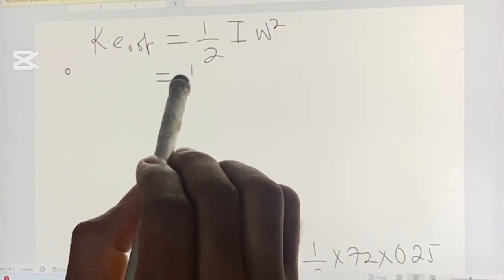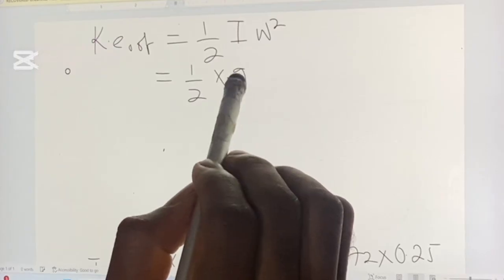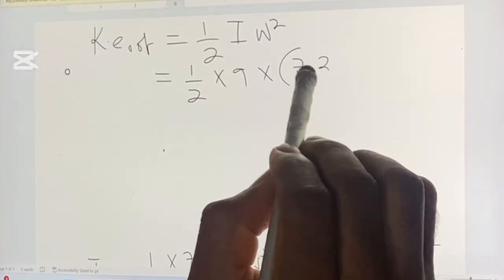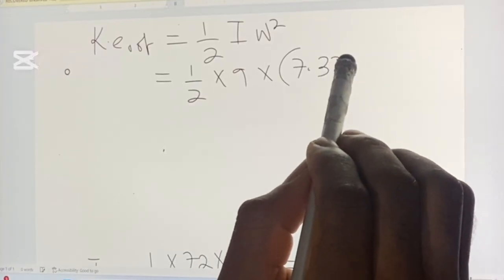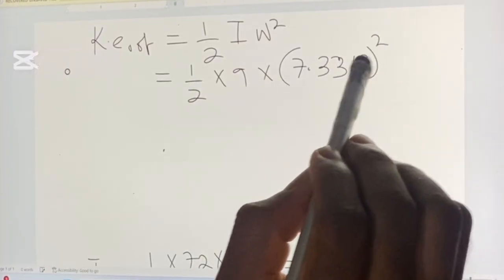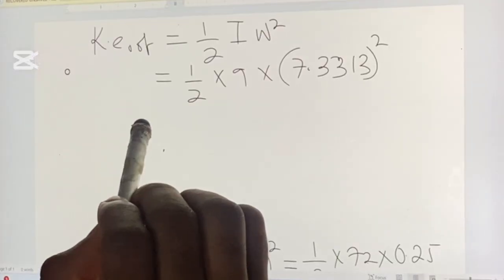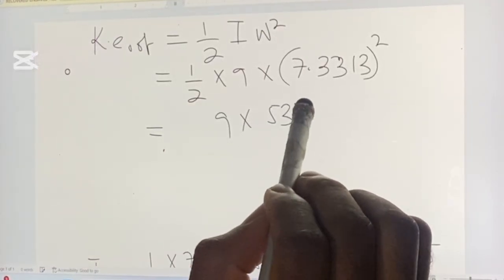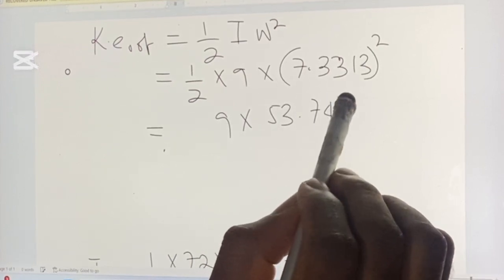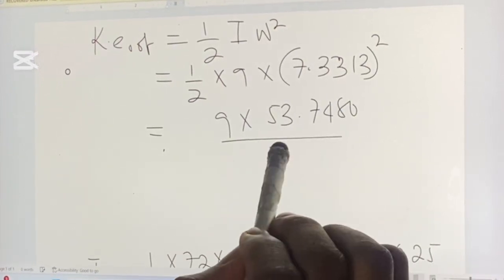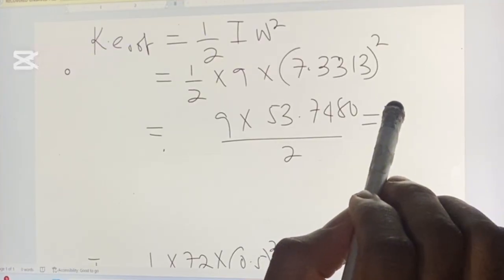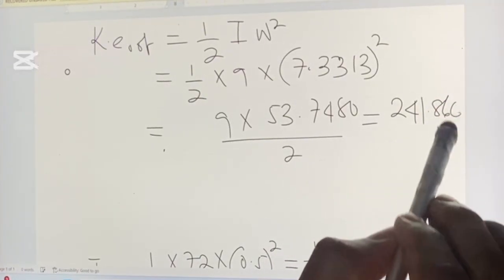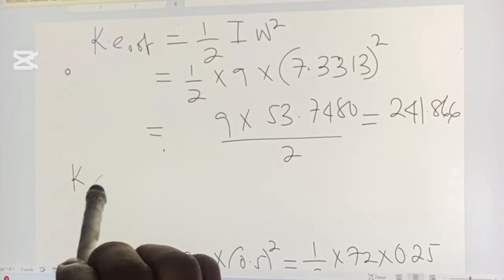When you replace there, we have 1/2 times 9 times 7.3313 squared. When you square this, we'll have 9 times 53.7480 over 2, and the final answer here will be 241.866.